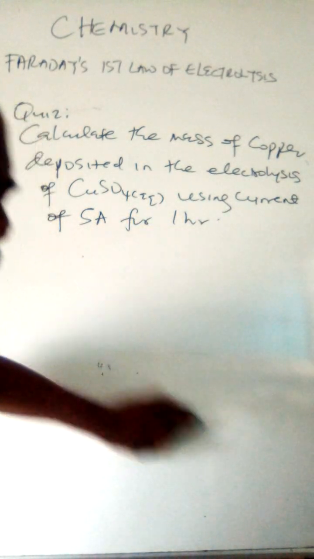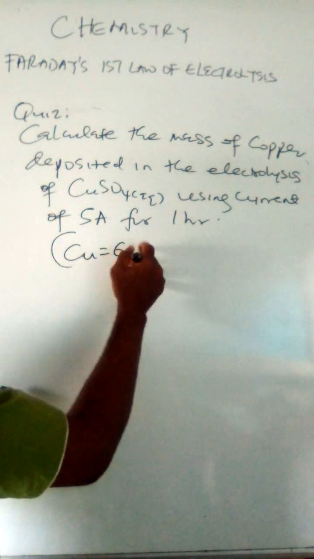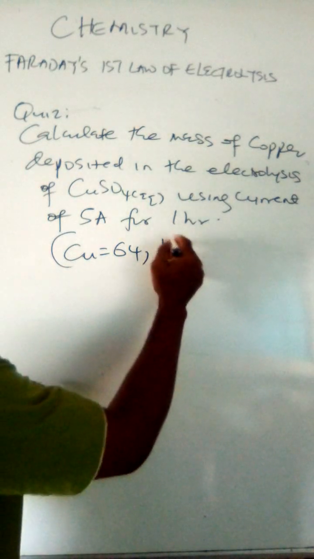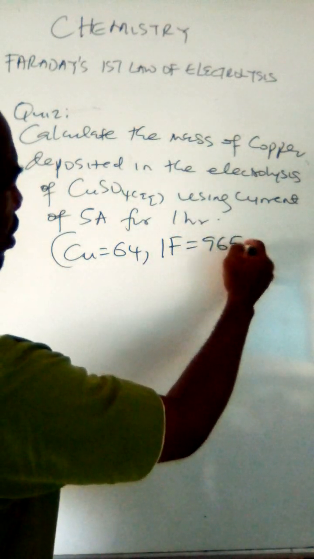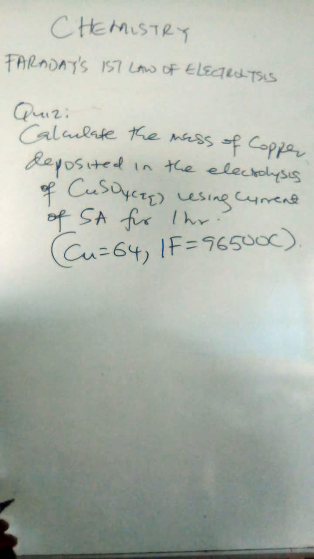Okay? Then we're given Cu, the relative atomic mass of copper, as 64 approximately, then 1 Faraday as 96500 coulombs. So how do we solve this problem?